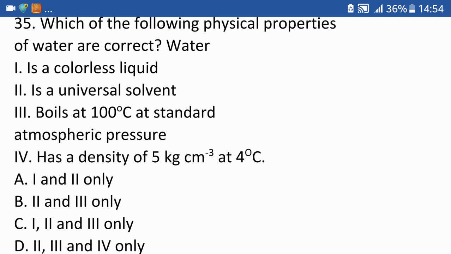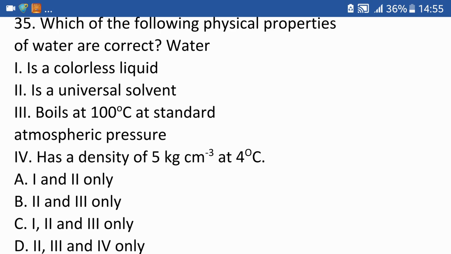Which of the following physical properties of water are correct? Water is colorless. Water is a universal solvent.